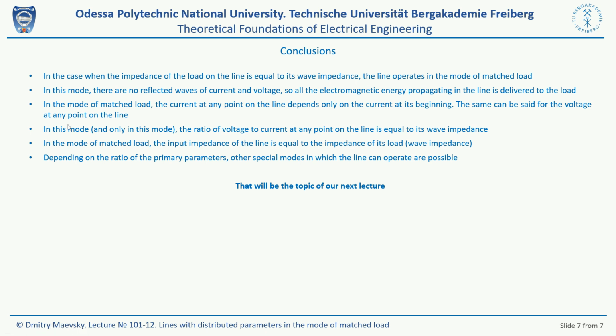In this mode, and only in this mode, the ratio of voltage to current at any point of the line is equal to its wave impedance. In the matched load mode, the input impedance of the line is equal to the impedance of its load, or the wave impedance of this line.